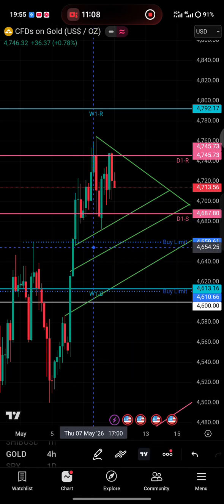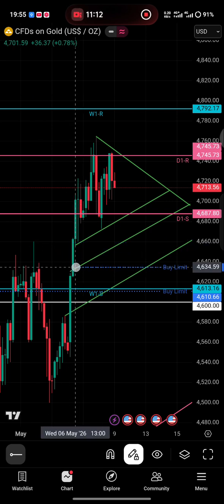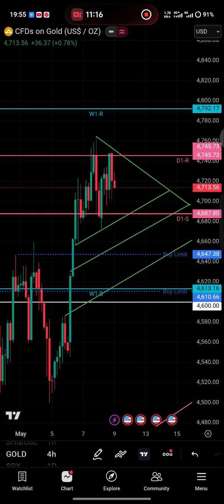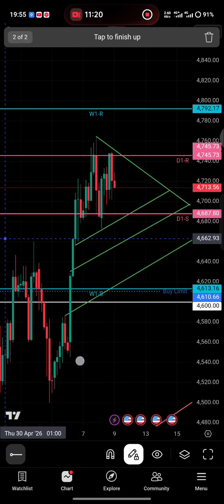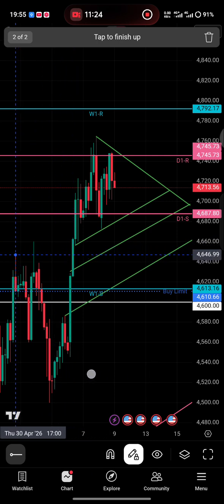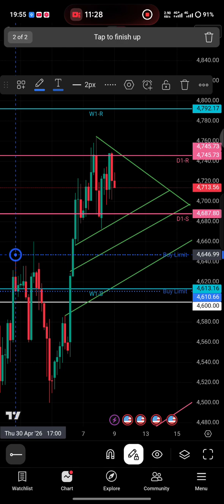So is this a good buy limit? This is a suitable buy limit, but I will move it a little bit lower to around this red candle wick. Because most of the time price is likely to dump beyond a wick, so I will place my buy limit at the next wick that is visible.